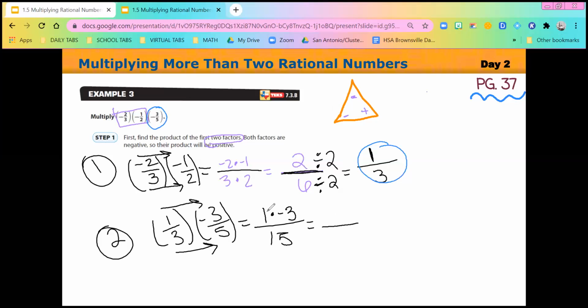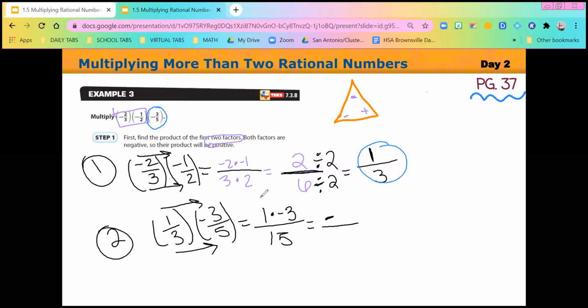So now we have 1 times negative 3, a positive times a negative. A positive times a negative means I'm left with a negative answer. So at least I know that's a negative answer, because those two give me a negative answer.